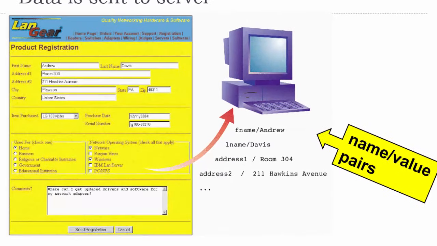So when a user fills out a form, they are entering values. They are either typing in a value or taking the cursor and clicking to indicate a value. And when you click the submit button and the action of the form is called, the name value pairs are sent to the server. So we code in the names, the user codes in the value.